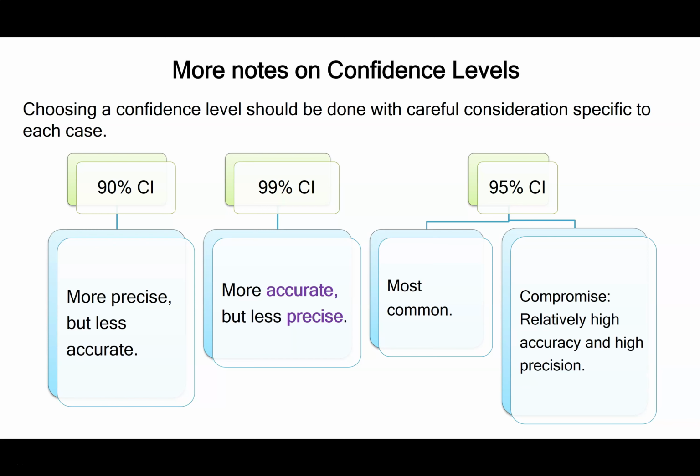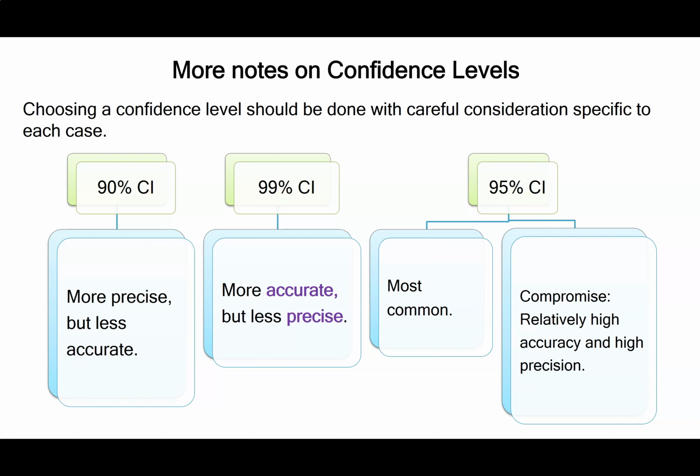So it's not to say that all 99% confidence intervals are that wide, but it's worth noting, hey, if it's so wide it isn't useful, maybe look at having a lower confidence level. And then the compromise between the two. 95% confidence is probably the most commonly used out of the three.